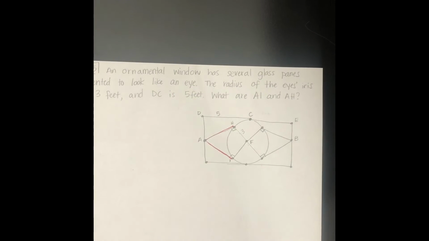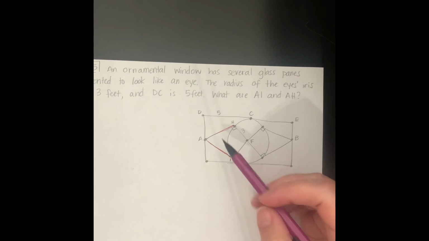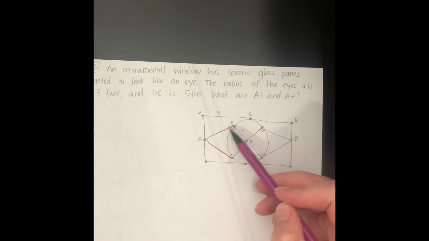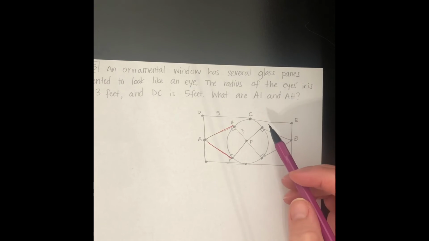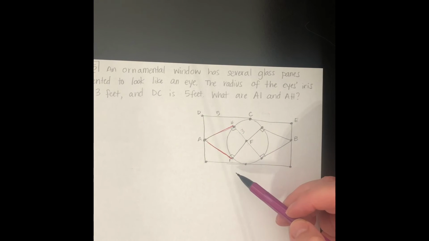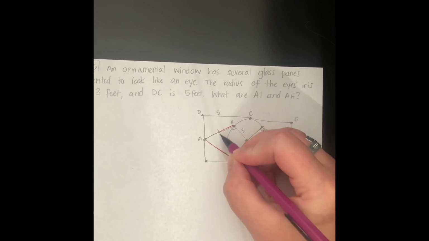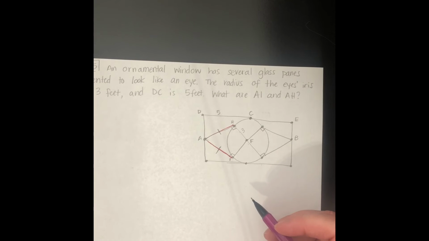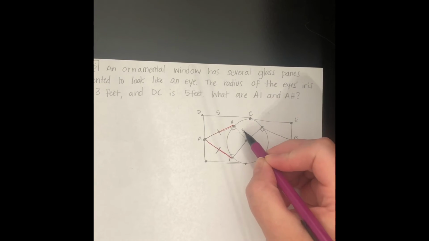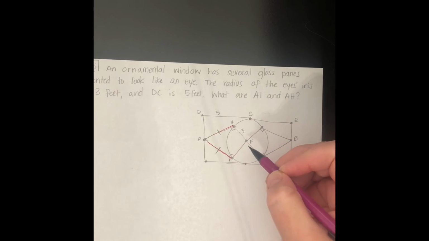Well, just by using our theorem 58-3, we know that these two lines, AH and AI, are tangents to this circle. They only touch at one point on the circle, so they're going to be congruent. We don't have a number yet for them, but we do know that they're going to be congruent. We know the radius here, this side down here.